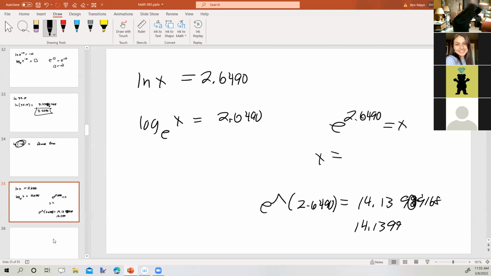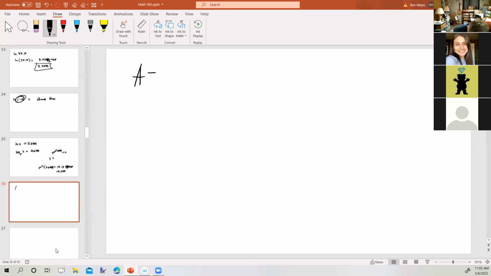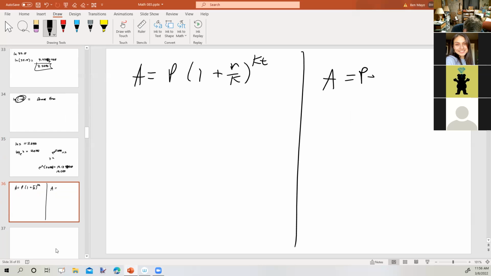All right, finally warming up in my basement. Now, this formula that we've looked at previously is for compound interest that is not continuous. This formula is for when it is continuous, okay?